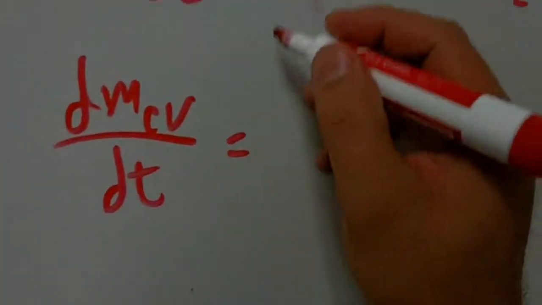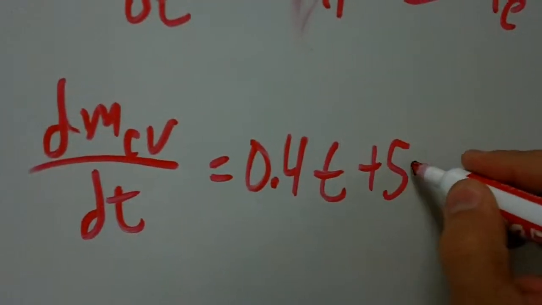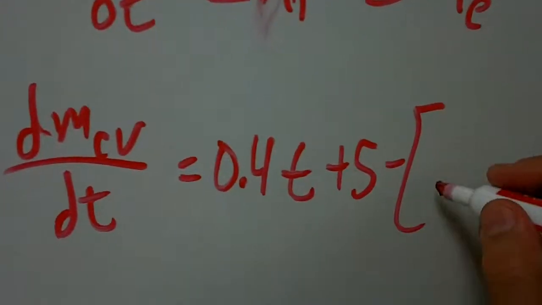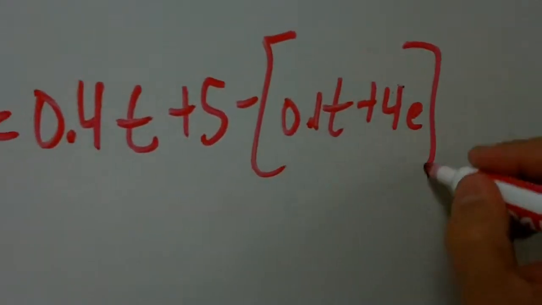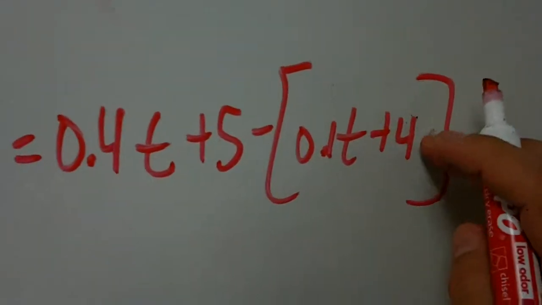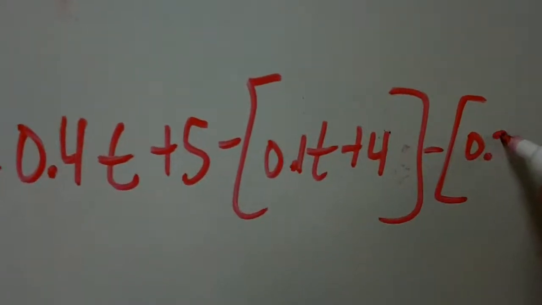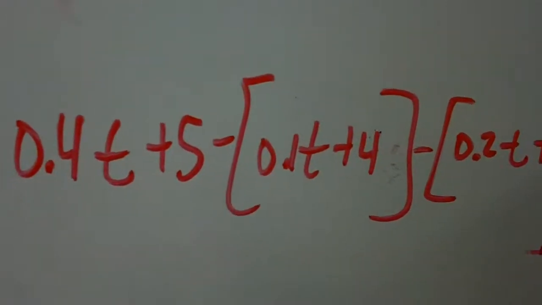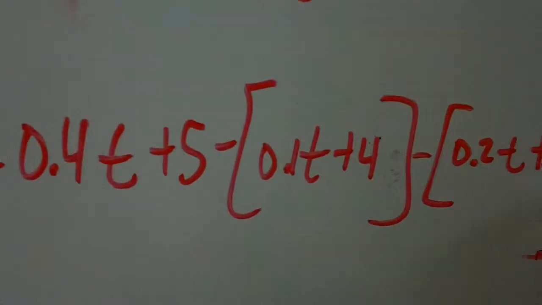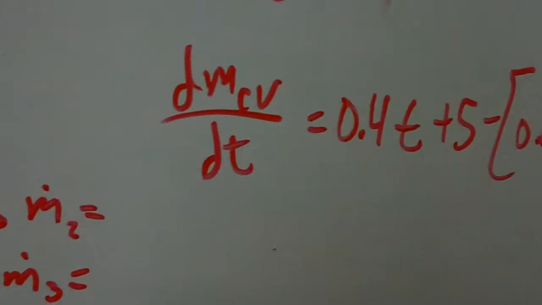So we come back over here and plug in our functions: 0.4t plus 5, minus 0.1t plus 4, minus 0.2t plus 3.